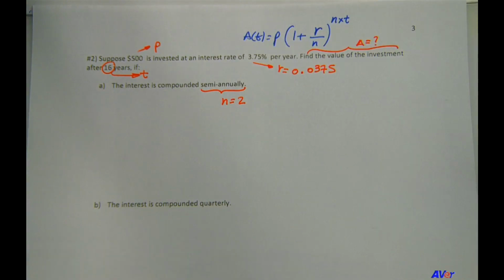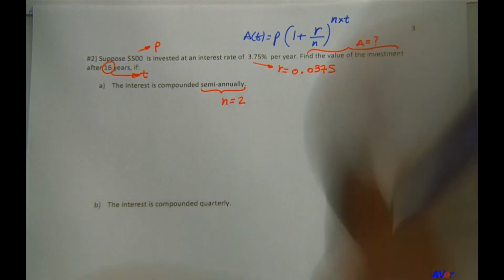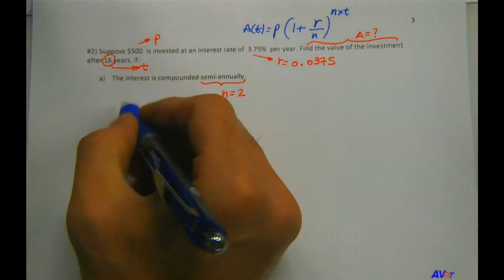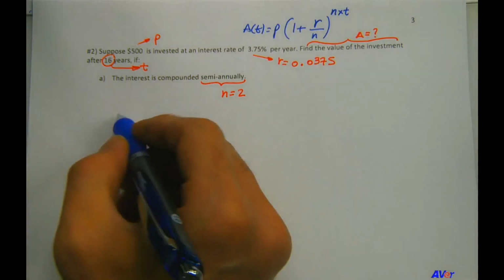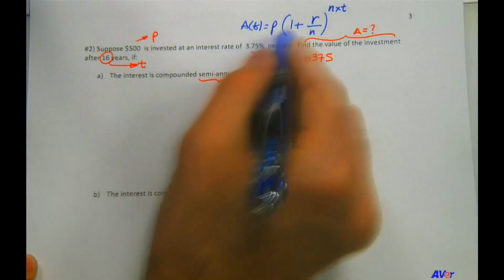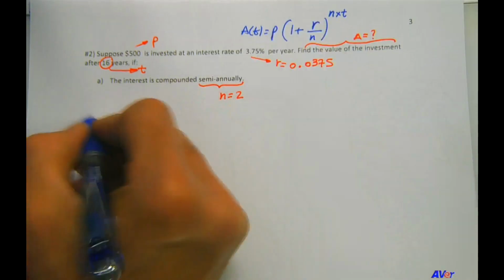Okay, I hope you've done that, and now you're ready with your solutions completed, and you're ready to compare your solutions with the ones I'm going to write down. If the interest is compounded semi-annually, then we can easily calculate that future value.